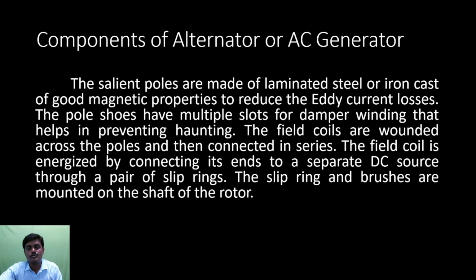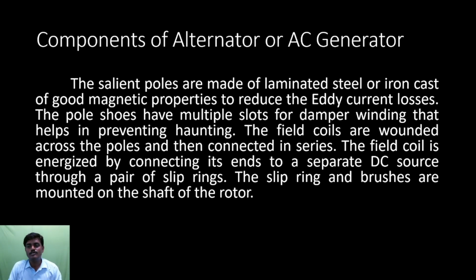The salient poles are made of laminated steel or cast iron with good magnetic properties to reduce the eddy current losses. In magnetic terms we always call them the hysteresis loss and eddy current loss. Some magnetic losses always happen in general.